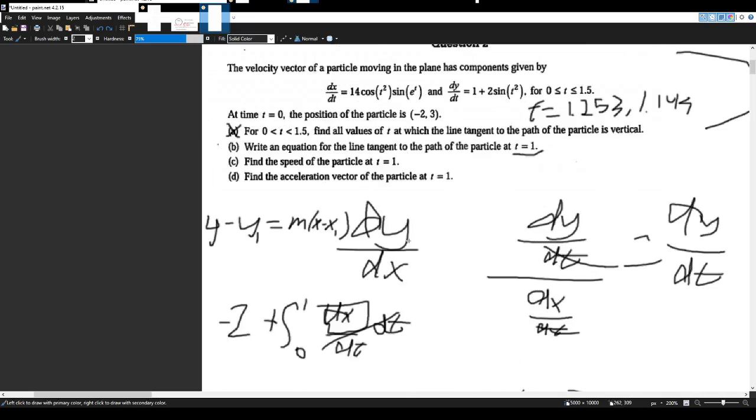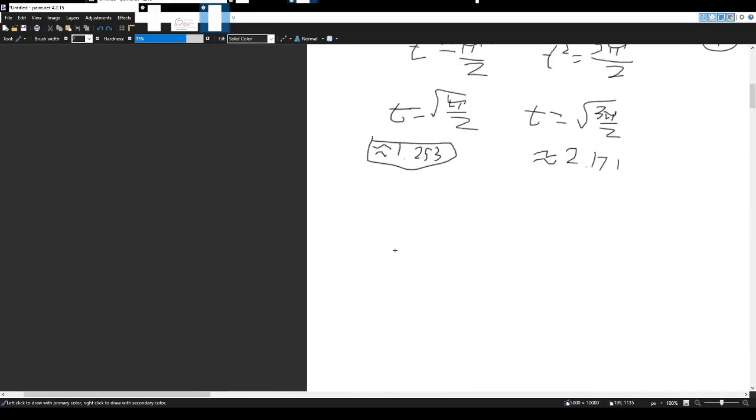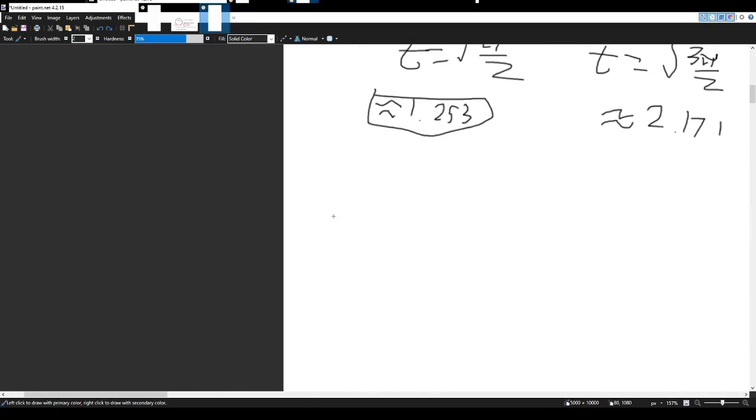And then you can do the same thing with the y. So I'm going to write the equation before plugging stuff in. Like I said, y minus y1 equals m times x minus x1.